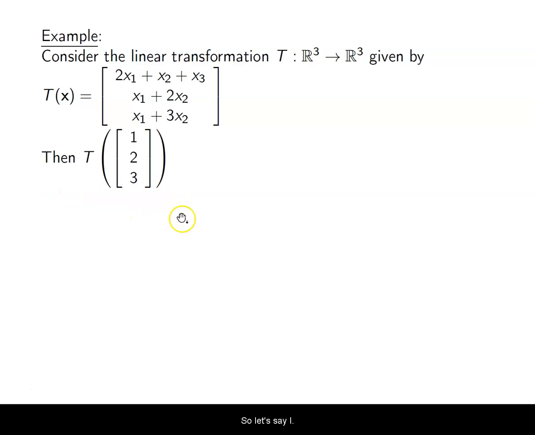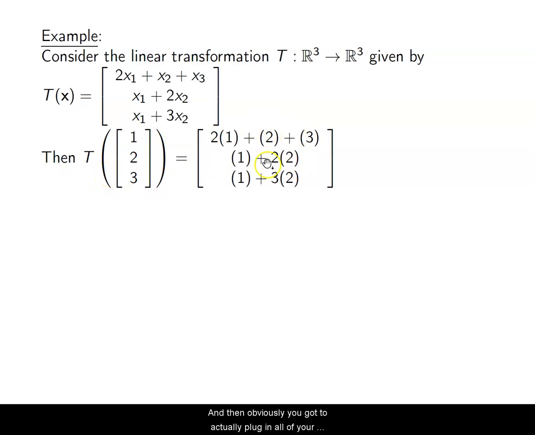So let's say I take a vector x that is 1, 2, 3. It's just something simple, right? Then plugging in the vector x equals 1, 2, 3 into your transformation will look like this. And then obviously you've got to actually plug in all of your values. So everywhere I see x1 is a 1, everywhere I see x2 is a 2, everywhere I see x3 is a 3.